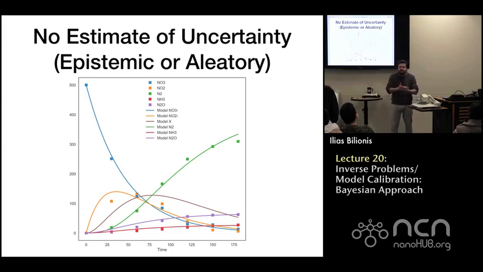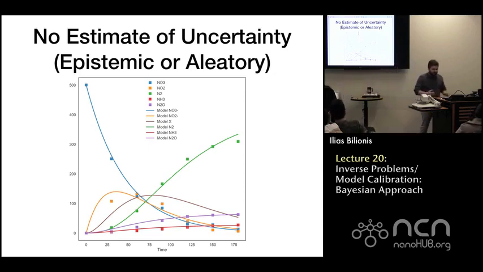So you're always going to fit your data to the best possible extent if you minimize the square loss, for example. But if you take these calibrated parameters and you put them in another situation, there's no guarantee that you're going to get a model that works.